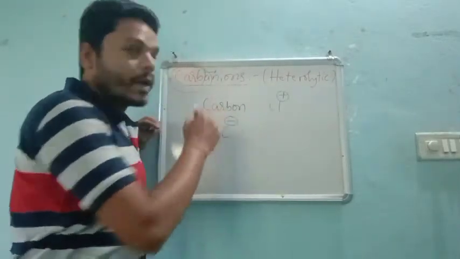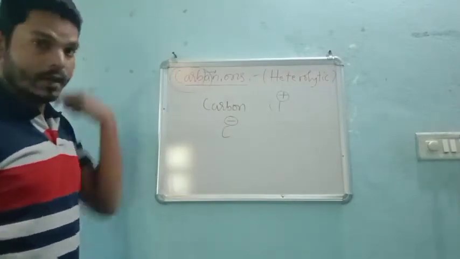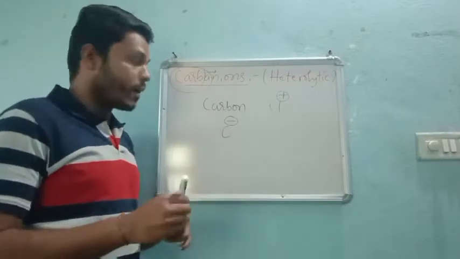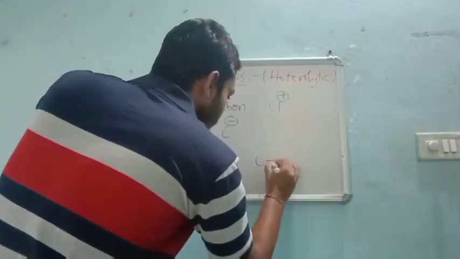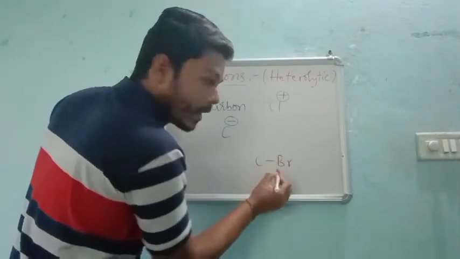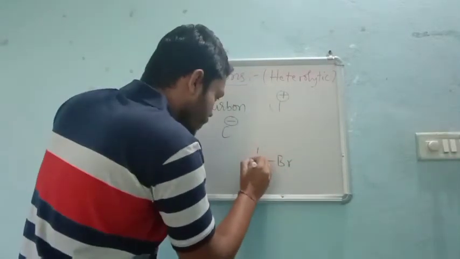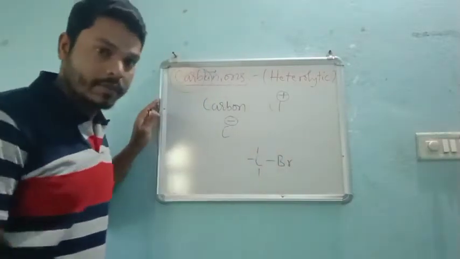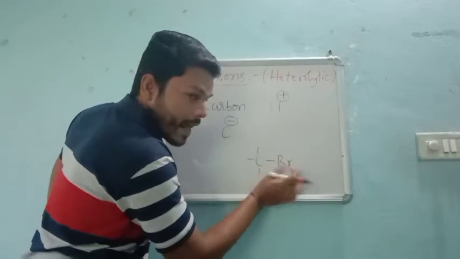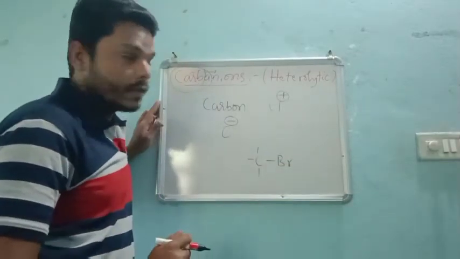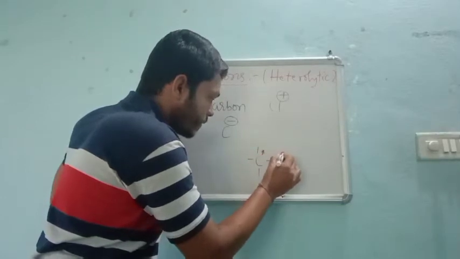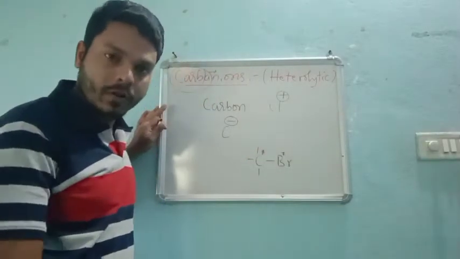During the formation of the carbocation, I'm going back, what I showed was carbon with a more electronegative atom. This point is very important. The compound was like this, if you remember: carbon has a direct link with bromine. If I compare carbon with bromine, then bromine is more electronegative.